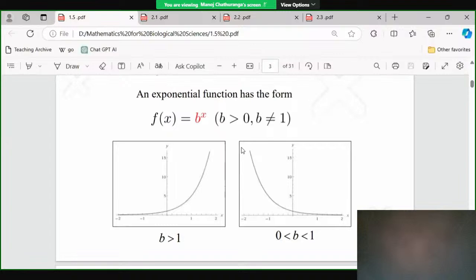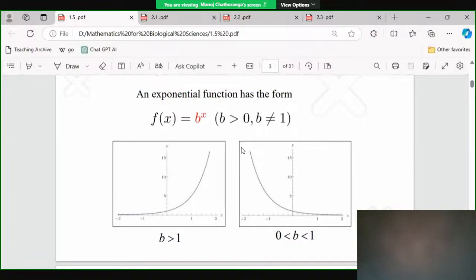And we use the horizontal line test to check whether the function is one-to-one or not. The graph on the left-hand side clearly passes the vertical line test. If you take any vertical line above the x-axis, it intersects the graph exactly at a single point. And for negative y values, we don't have a graph. So that's perfectly fine.